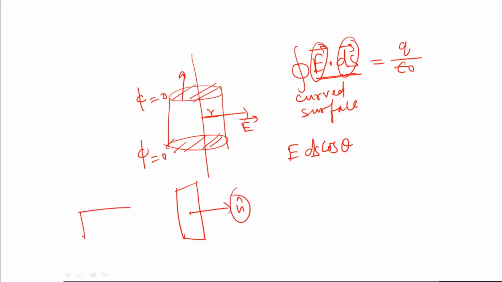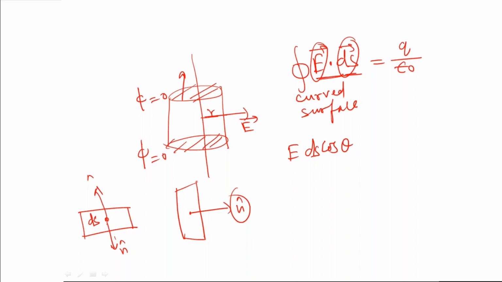So for a curved surface, the direction is along this direction itself. So area also is in this direction, electric field also in this direction. So theta is 0. That means the electric field is constant within this radius.